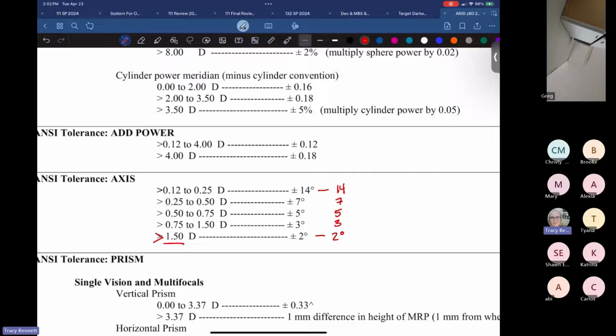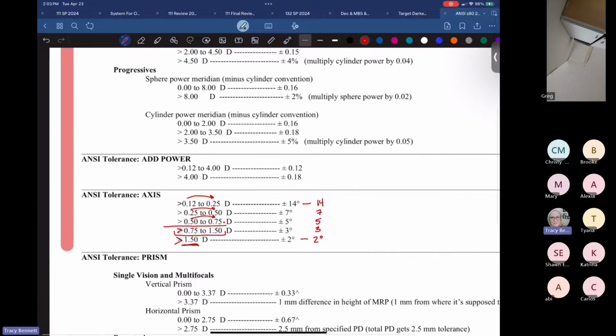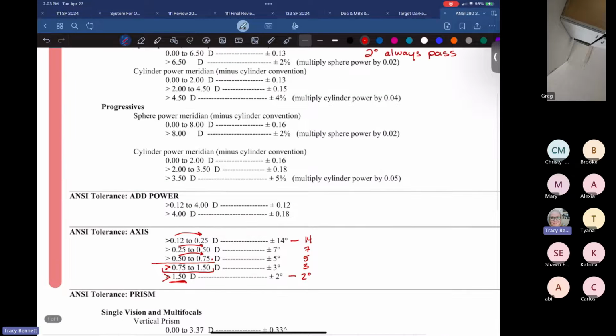And then with these, you kind of move up in quarters, because we went basically from 0 to a quarter here, from a quarter to .50 here, and from .50 to .75 here. And then that's your outlier. You can remember that anything greater than 1.50 gets 2. So if you just remember that .75 is there, then greater than .75 up to that 1.50 is allowed the 3. You just have to find things that work.